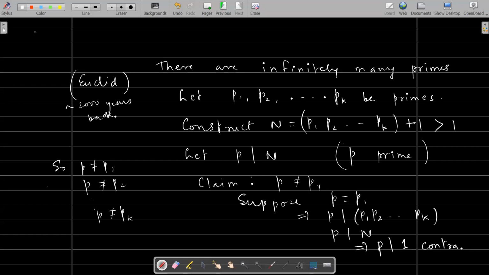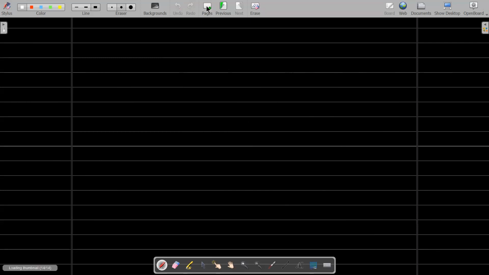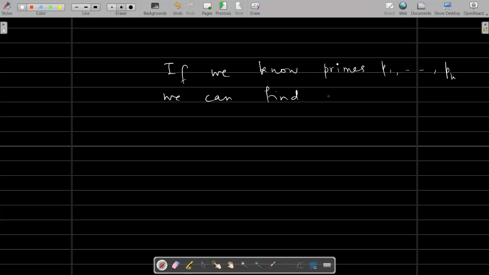So this says essentially, if we know k primes, P1, P2, and so on up to Pk, we can find or construct a prime other than the known primes, different from any of these P1, P2, Pk, right? So I get a k plus first prime.